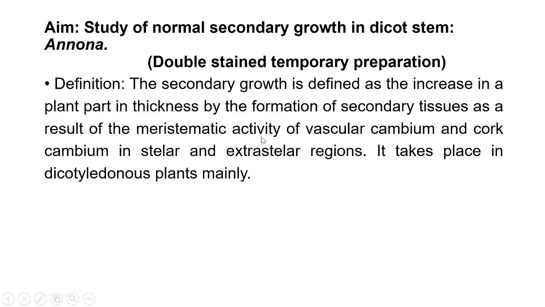Activity of vascular cambium is called intrastellar secondary growth, and cortical cells develop the meristematic tissue that is called cork cambium. It is called extrastellar secondary growth. That means the normal secondary growth occurs in two regions, in between xylem and phloem and in the cortical region. It takes place in dicotyledonous plants mainly.